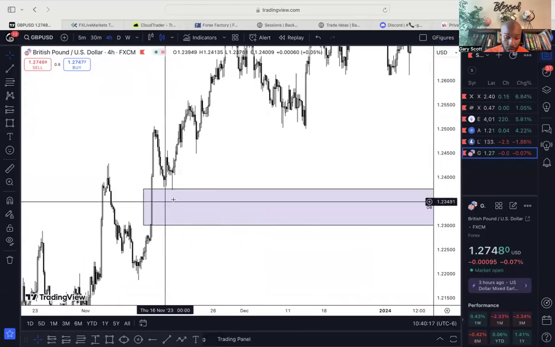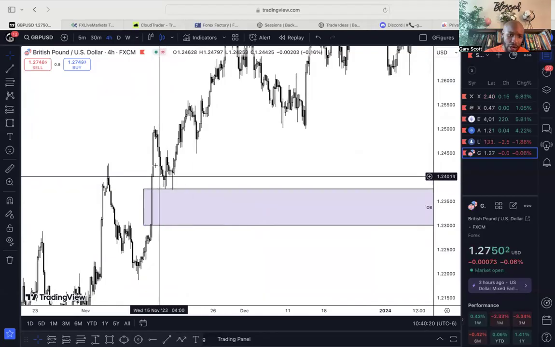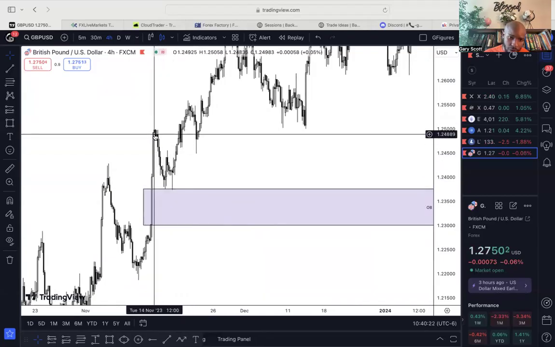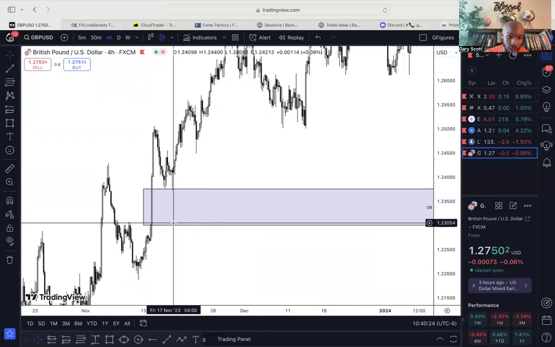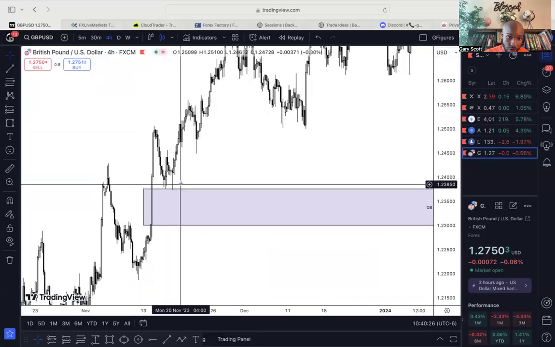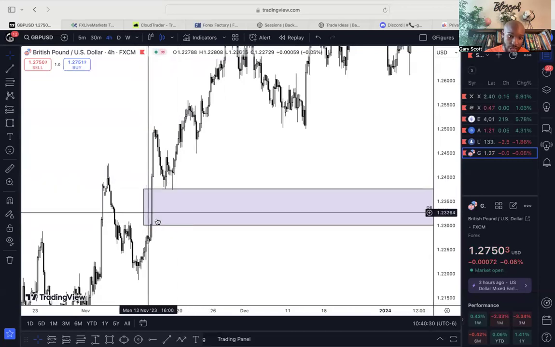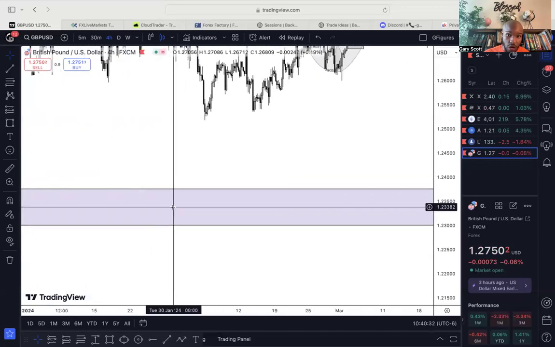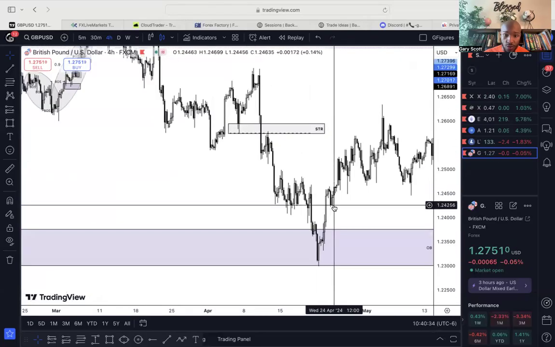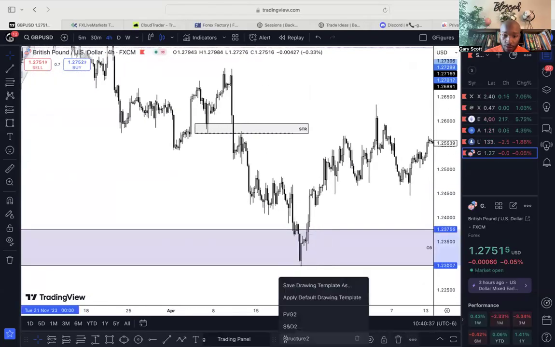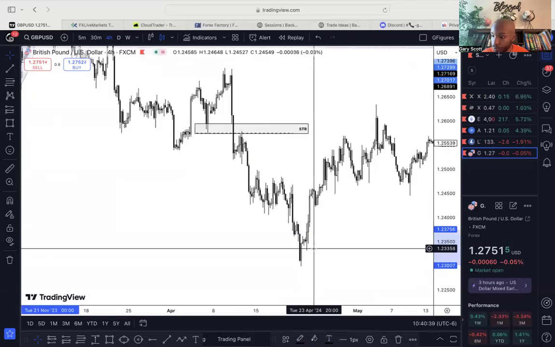Why didn't you put the box all the way back up to this candle? Because there's still space from these wicks and this wick of this candle that leaves a gap within price. So if I drag it all the way across, we see how price reacts off of our fair value gap level.